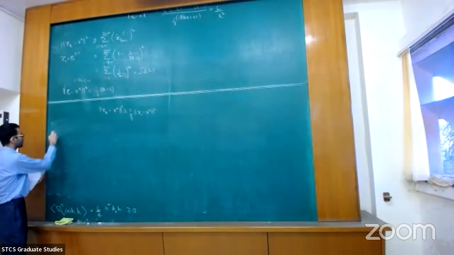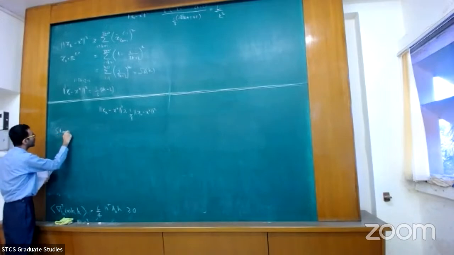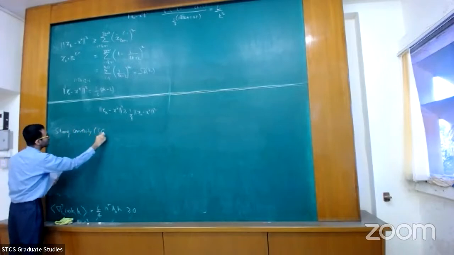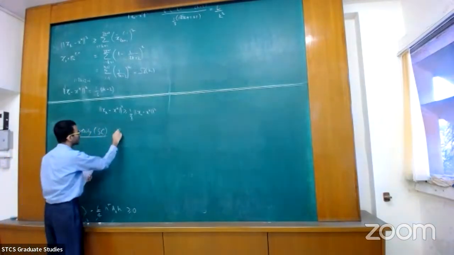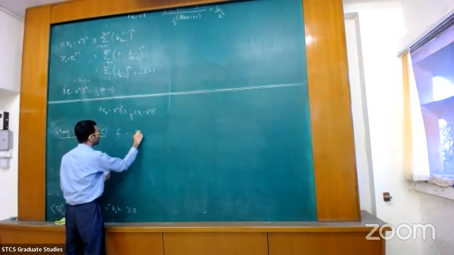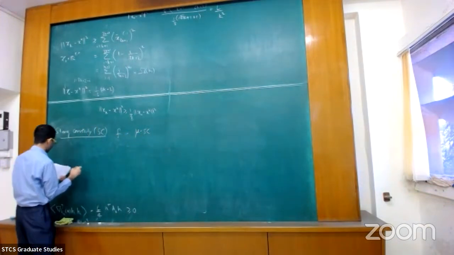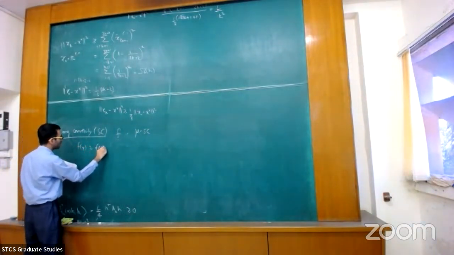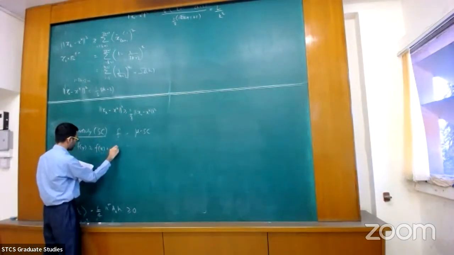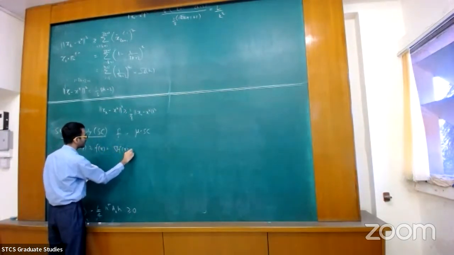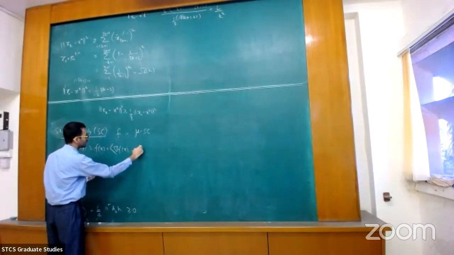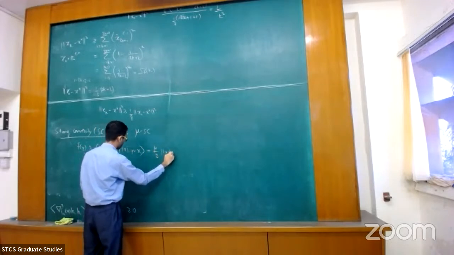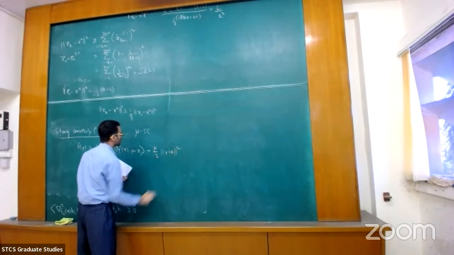Okay, so what is a strongly convex function? We say that a function f is mu strongly convex if f of y is at least f of x plus the gradient term plus mu over 2 times the norm of y minus x squared.